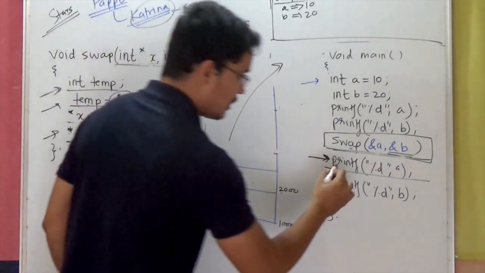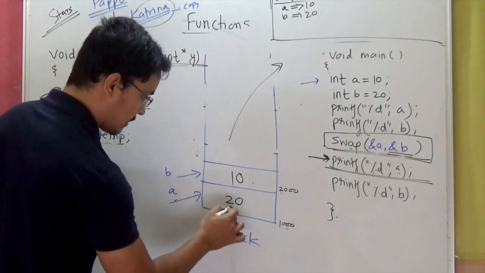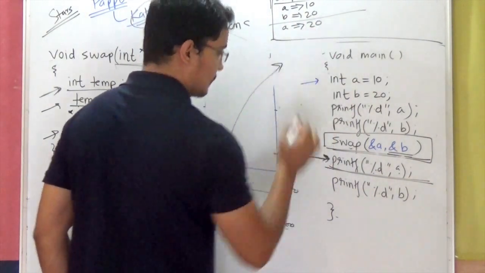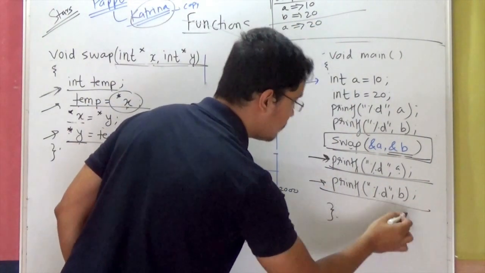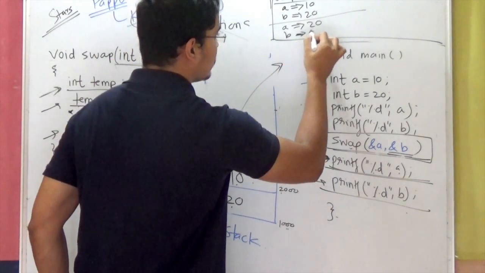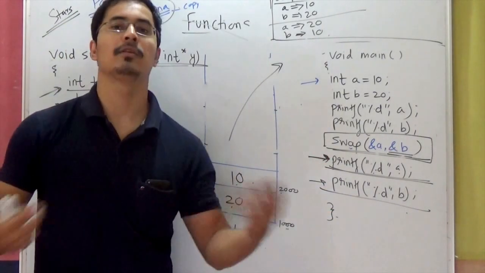Now, we'll print %d, a. What is the value of A? 20. So A is 20. printf %d, b. What is the value of B? 10. So B is 10. So this time we managed to actually swap the values.